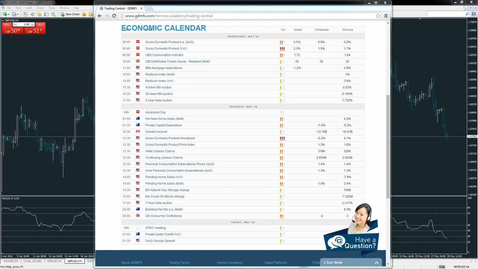Something very important to visualize is the part of the economic calendar where it says volume. The larger the volume in this section, the higher the volatility of the market that can be expected.